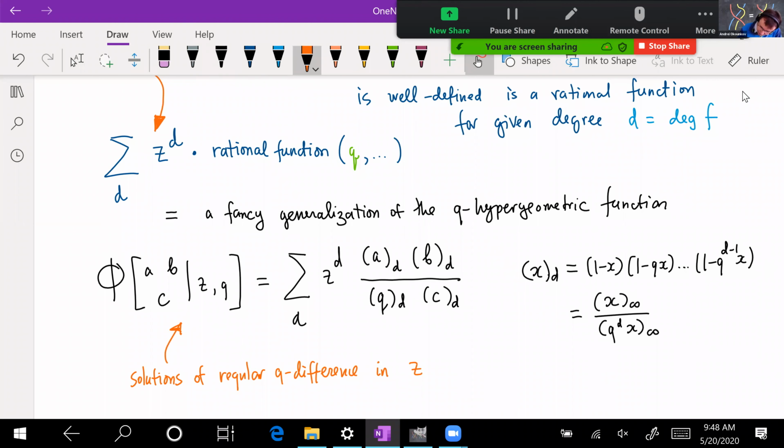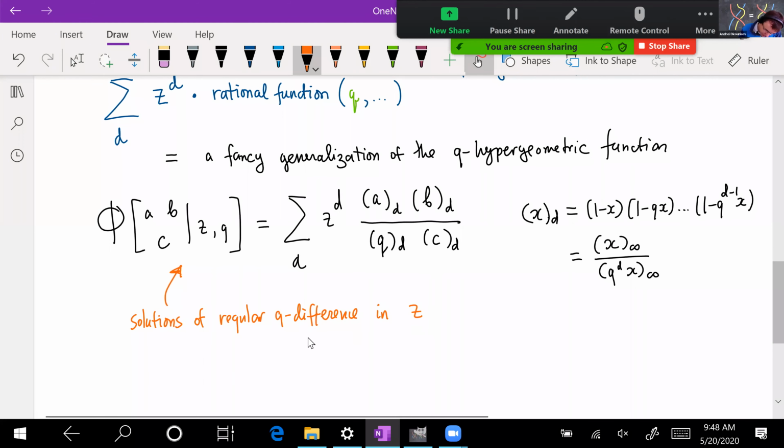but also, this is something one has to show. It's not obvious at all. Like for example, if you write an arc sine function, it's not a solution of any simple Q-difference equation.